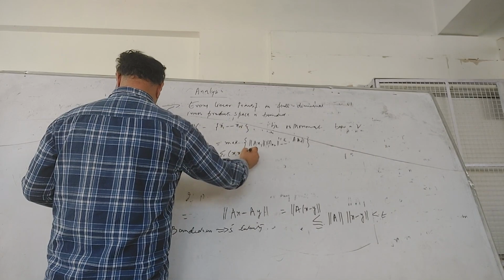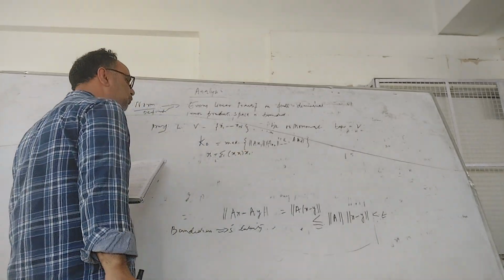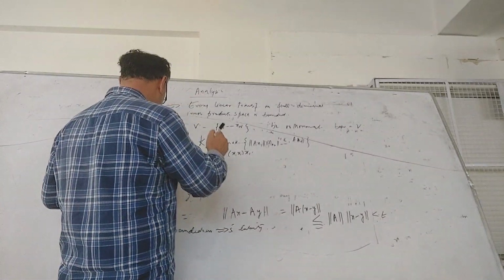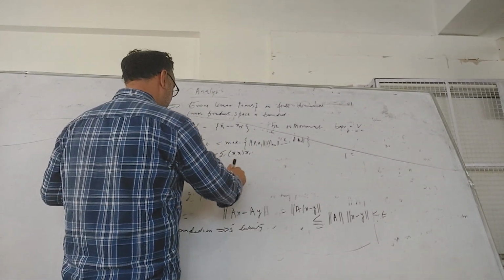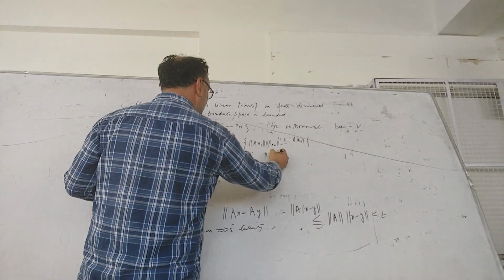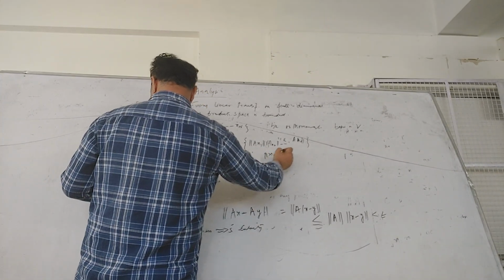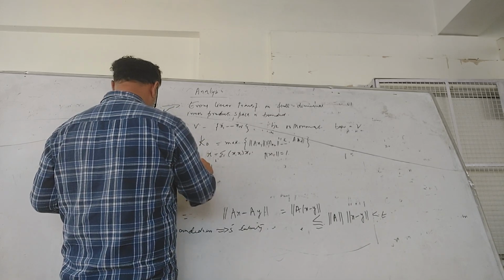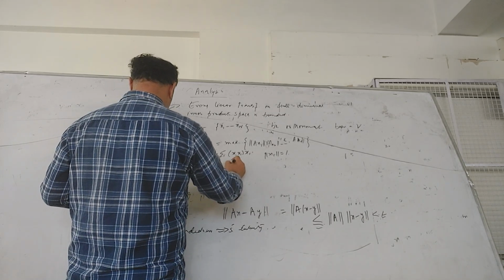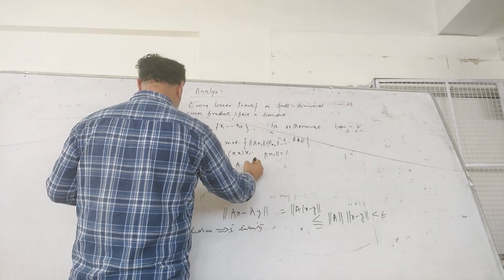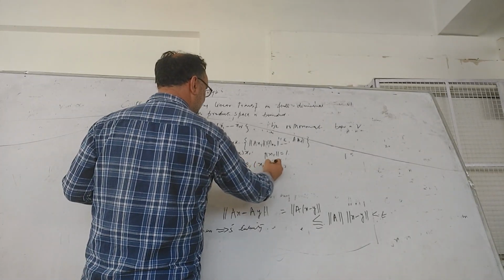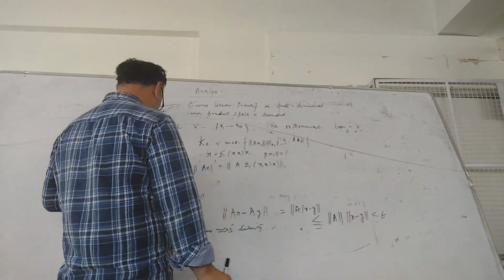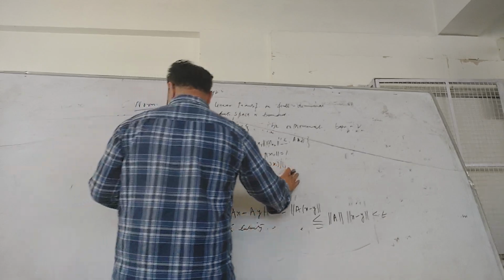Since an arbitrary vector x may be written as a sum of the components along the xi, we are going to invoke the Schwarz inequality here. From the Schwarz inequality, if you remember, the modulus of xi is 1, so we can define A of x, the linear transformation, as A times the sum over i of the components times xi. Again, we are going to invoke the inequalities here.